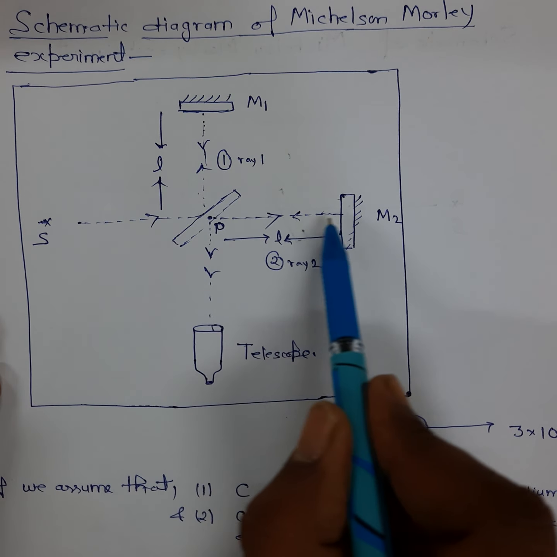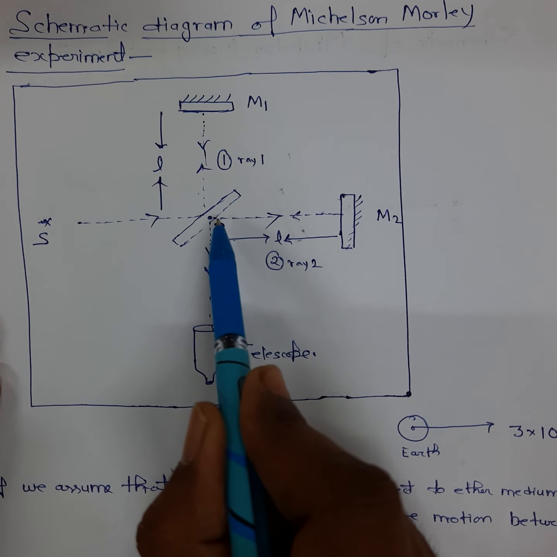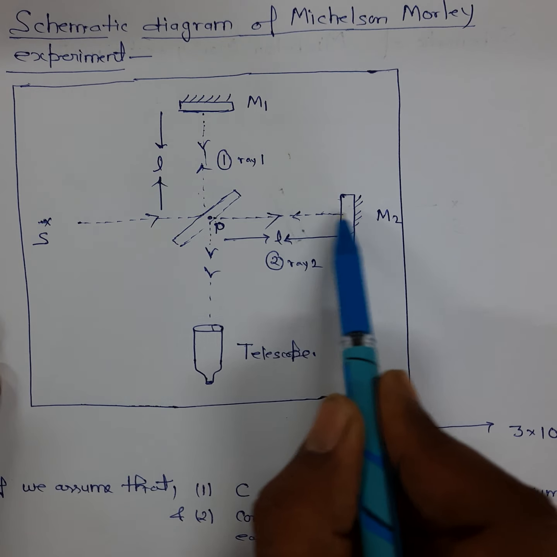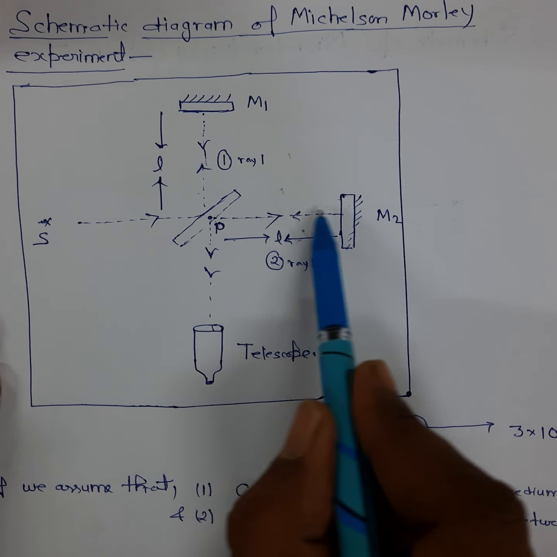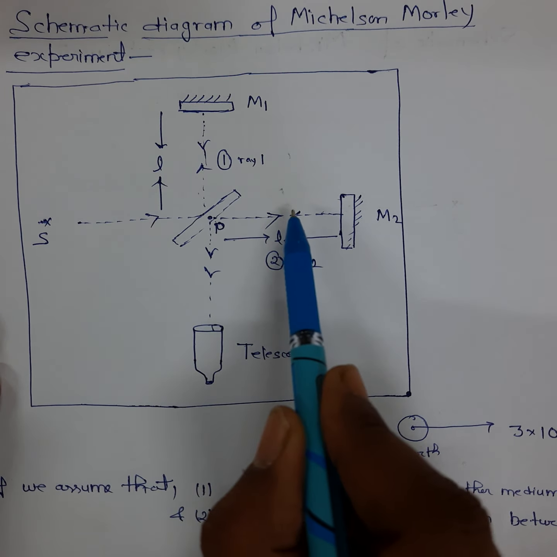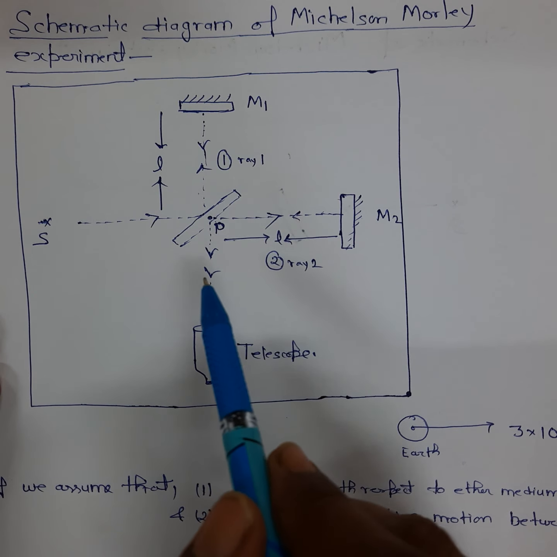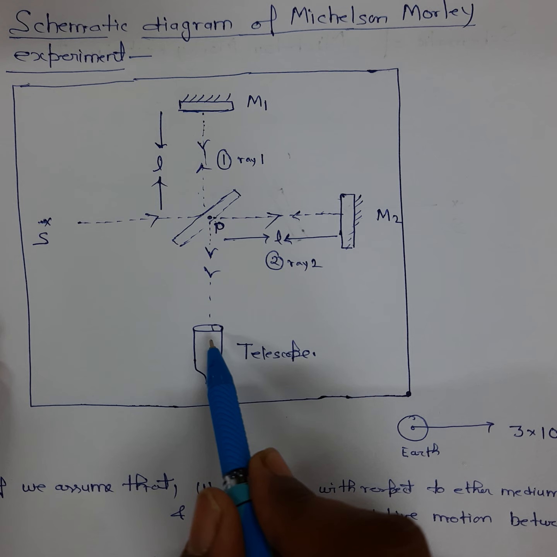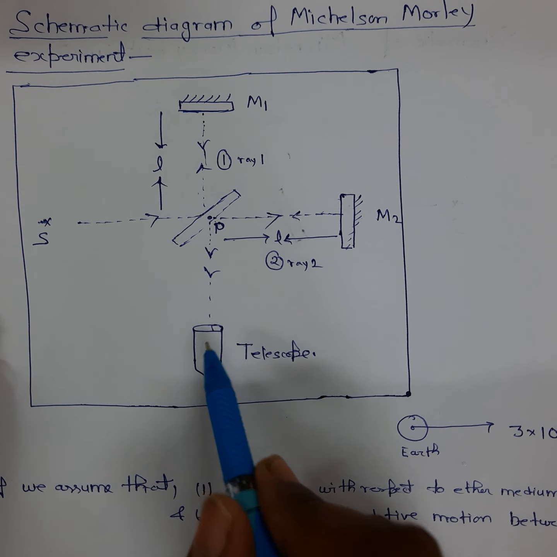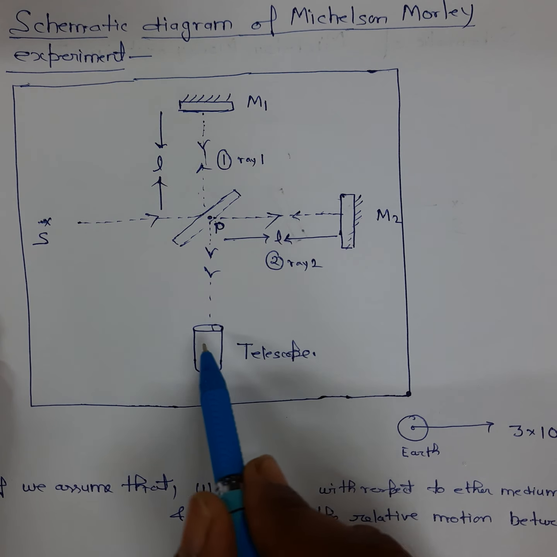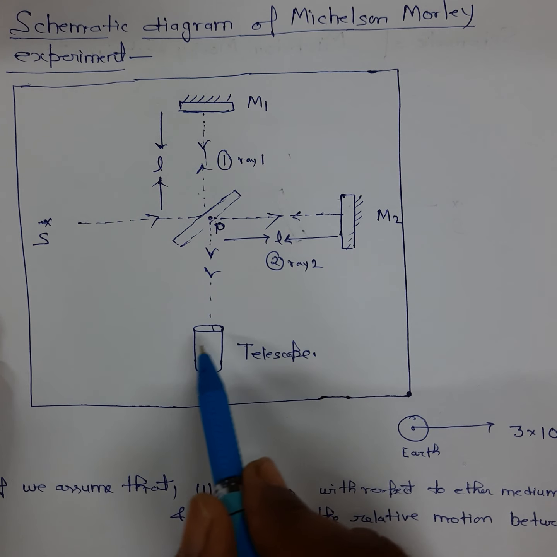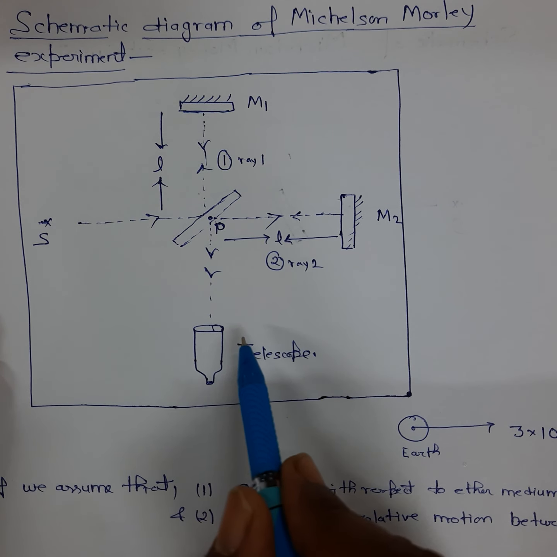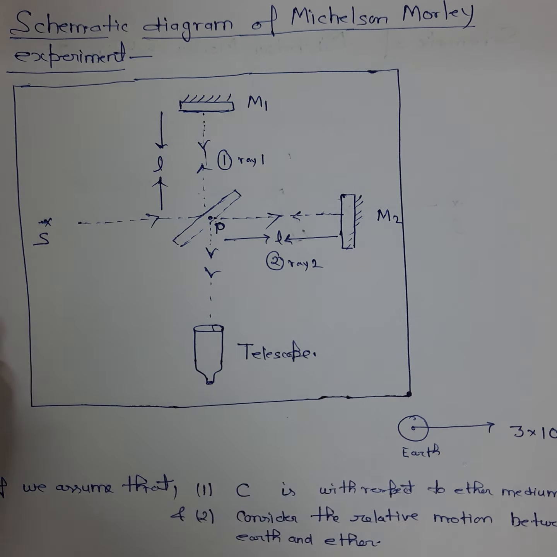If the transit time from point P to M2 and again from M2 to P is the same for both rays, then they must reach the telescope at the same time and in the same phase. So one can expect constructive interference to take place in the telescope.